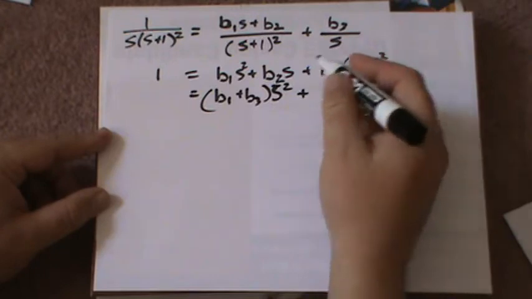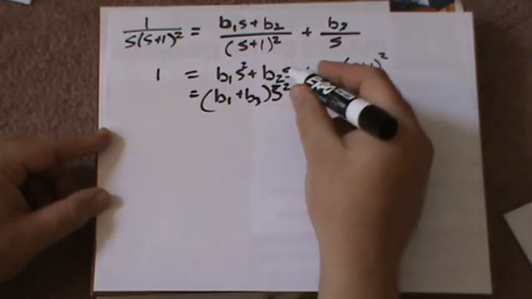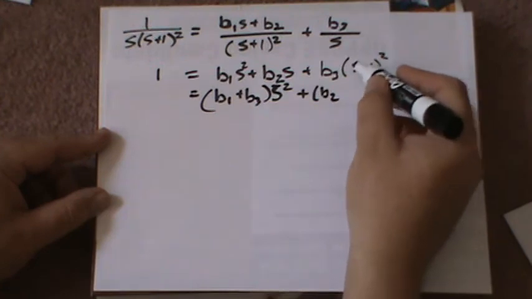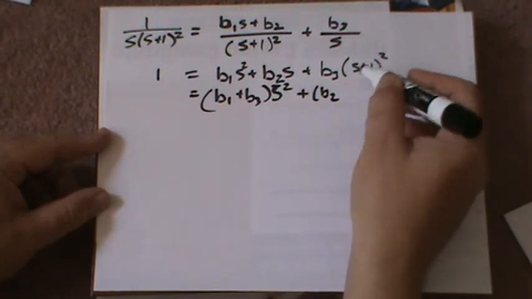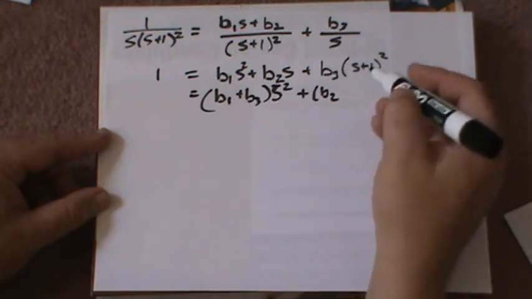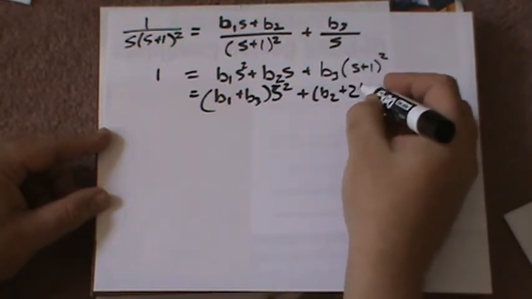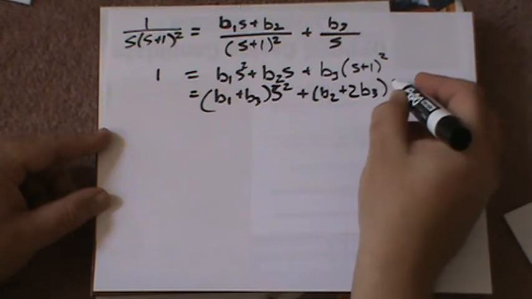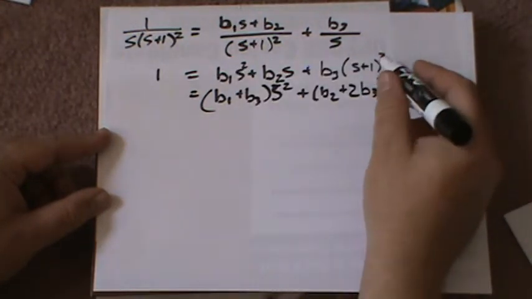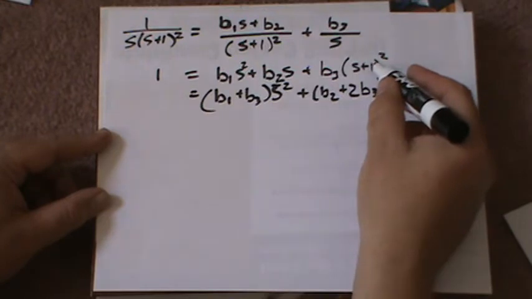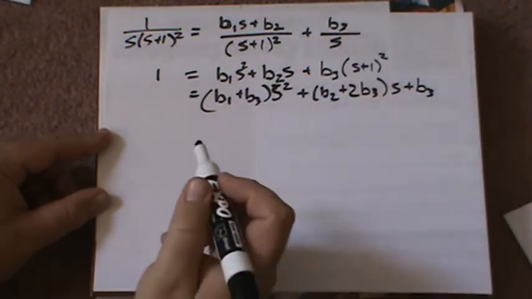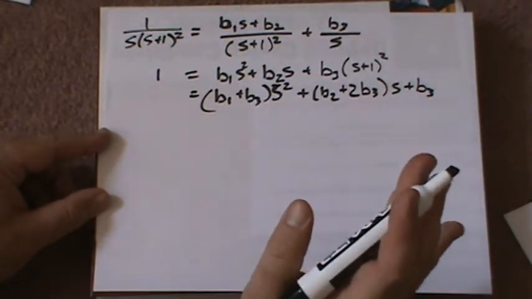And then I get a b2 times s. And again, the s term from here, (s plus 1) quantity squared, is s squared plus 2s. So I get a 2s times b3, so plus 2 b3 times s. And then there's no other constant terms, but this one has a 1 times b3, so plus b3. You might be looking at this and saying, oh, this is not easier.